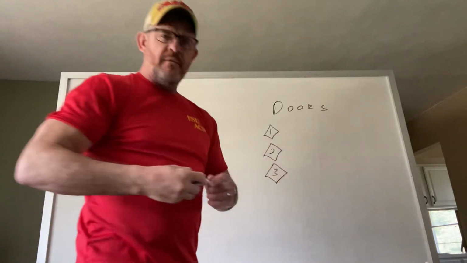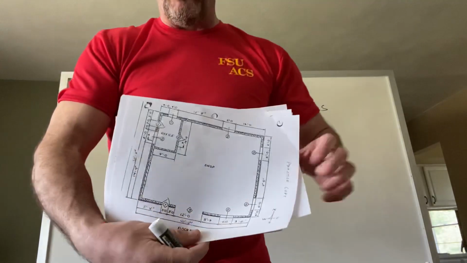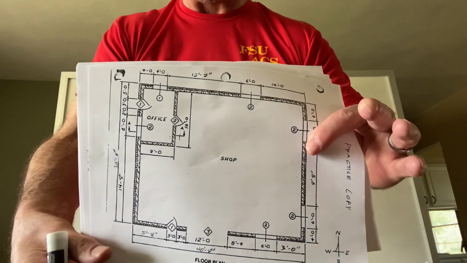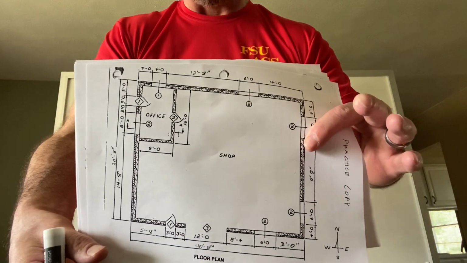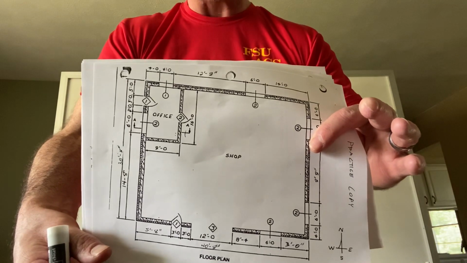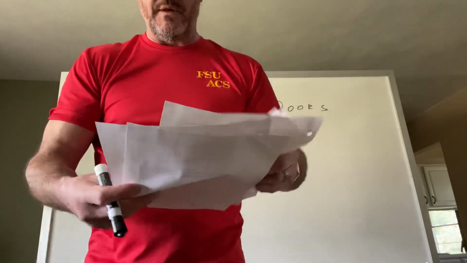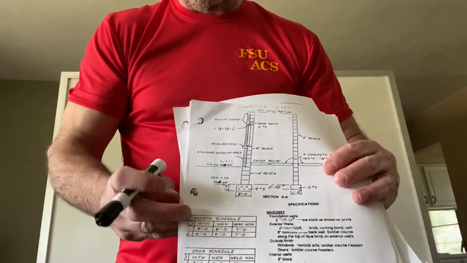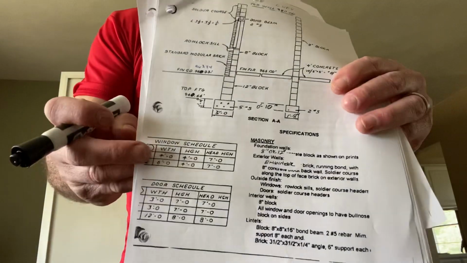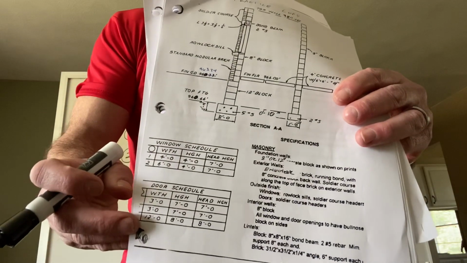Again, referring to my plan view, it tells me that I have type 1, 2, and 3 of my doors, and type 1 and 2 of my windows. Going back to my schedule, I see the same information. I have type 1 and type 2 of my windows, and type 1, 2, and 3 of my doors.